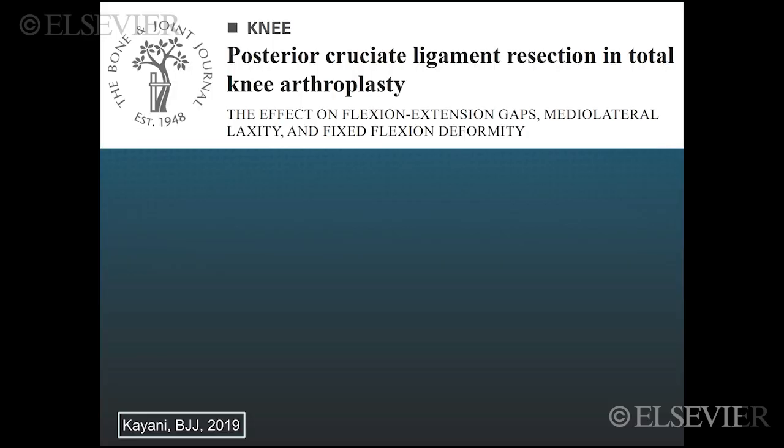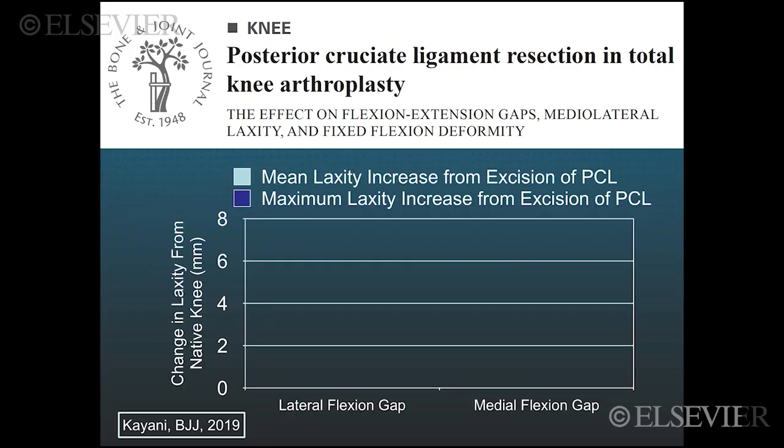We're indebted to this paper looking at posterior cruciate ligament resection in total knee arthroplasty and the effect on the flexion and extension gaps. We like to call it a space for the whole space, but each compartment is a gap. This was just published in 2019, so it's relatively new information. If you look at the plot, the lateral flexion gap and medial flexion gap are on the x-axis, and the change in laxity from the native knee in millimeters is on the y-axis.